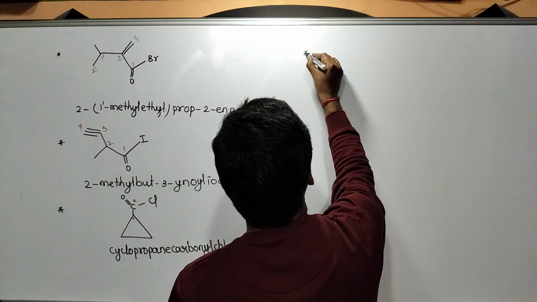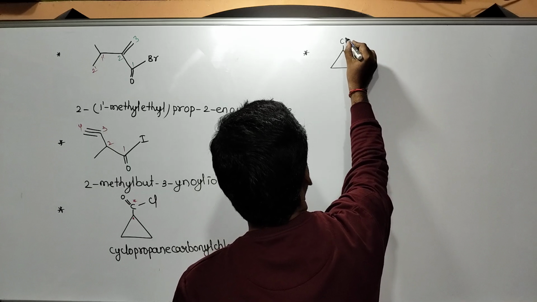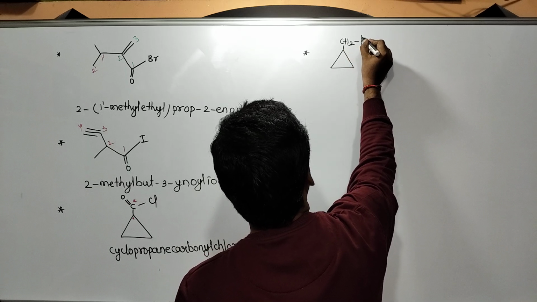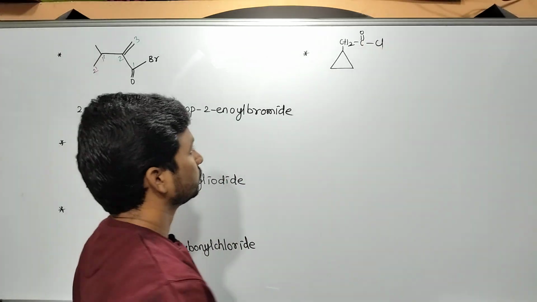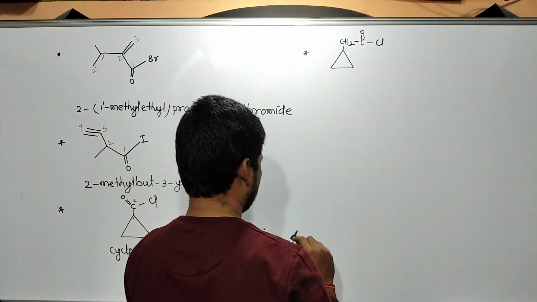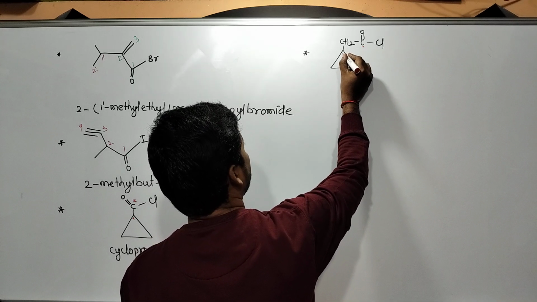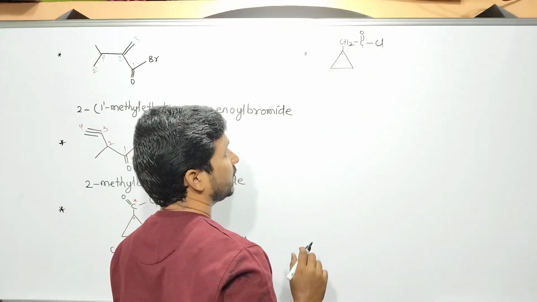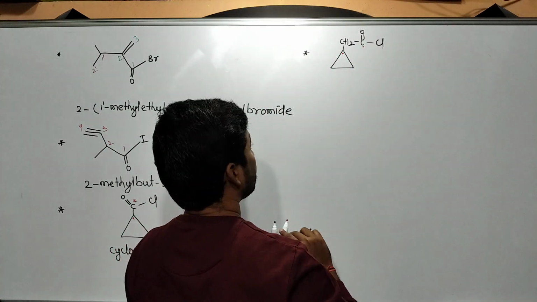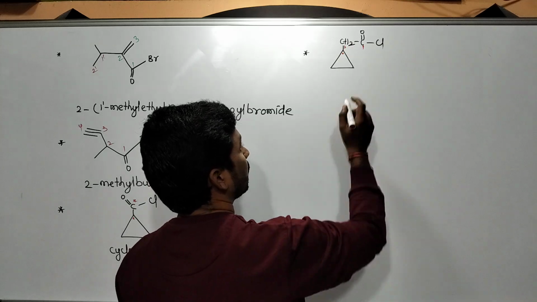Next example. If the molecule is like this, here the carbon atom of the functional group is not directly attached to the ring. Then take it as the parent chain only. This becomes 1, this becomes 2.